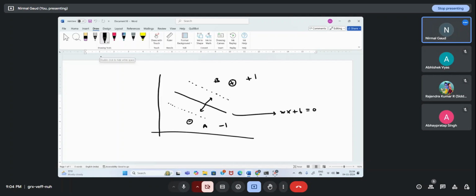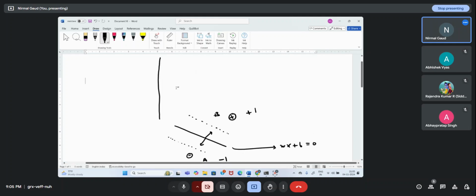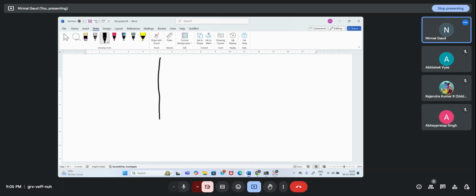Therefore, the inequality above the hyperplane can be written as wx plus b greater than equal to plus 1, and wx plus b less than equal to minus 1.